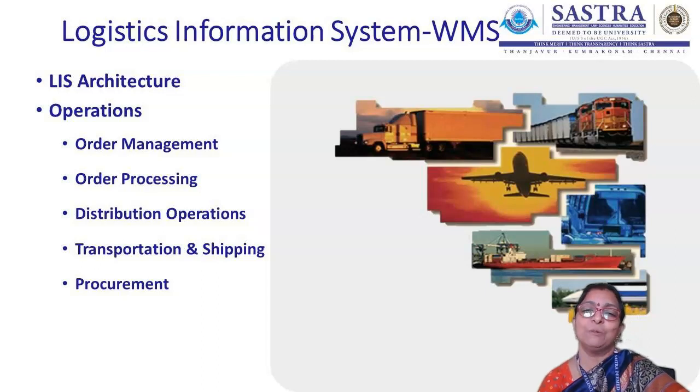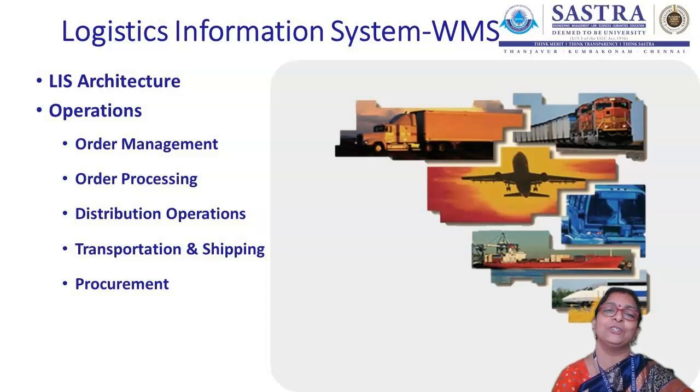Then the next major part of operations decisions is always transportation and shipping. With increased opportunity to reduce cost through better transport management, a contemporary logistics information system specifically focuses on the transportation and shipping functionality.